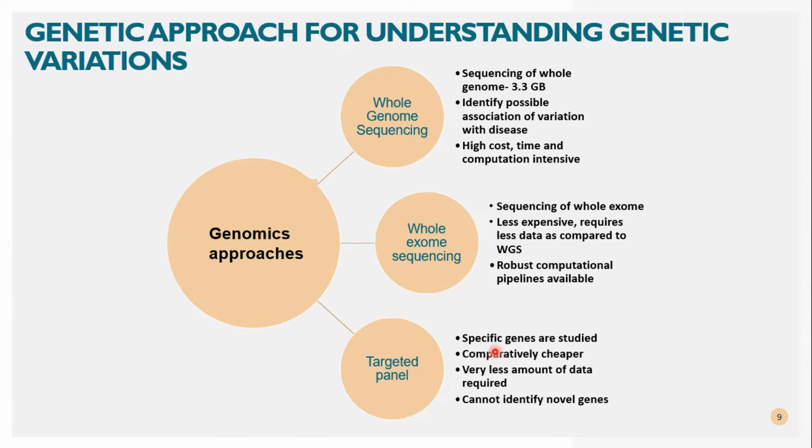So any sequencing approach comes with 3 basic approaches: whole genome, whole exome, and targeted panels. This should be clear. Whole genome has discovery power, because you are sequencing the entire human genome, and there are so many factors you can find out through sequencing reactions.